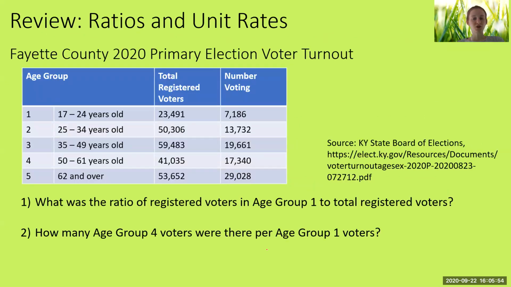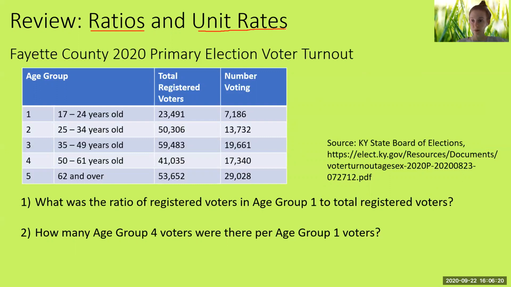Okay, so let's do a little review here of ratios and unit rates. So we said in our warm-up problem that a ratio is a comparison of two numbers. What is a unit rate? Well, if you think back to our lesson where we first talked about unit rates, you'll remember that a unit rate is a special type of ratio.